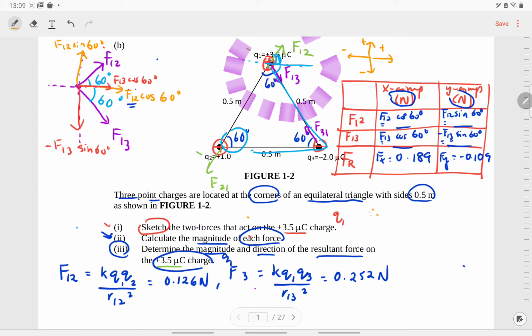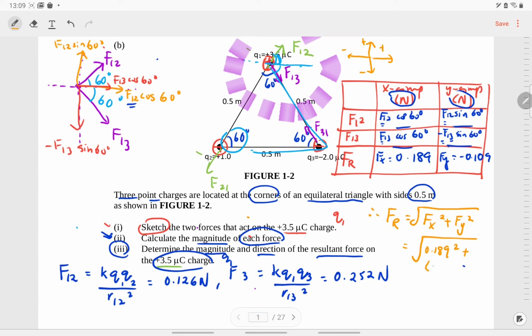Okay, so bila kita involve X component and Y component, so you kena guna theorem Pythagoras. Okay, so the formula dia akan jadi macam ni lah. Okay, ni konsep dia. Mesti fx square plus fy square, jangan lupa square root kan. Okay, so value fx pun kita dah dapat dah, 0.189 square, don't forget.